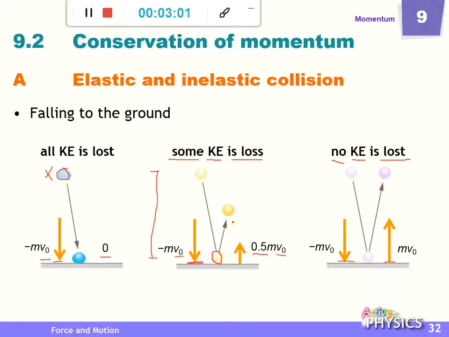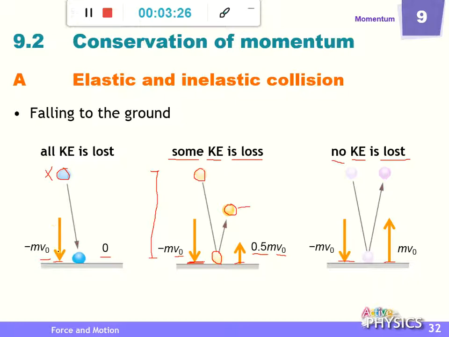But after it, this object will rebound to a certain height, but this height is not the same as the initial one. It means that this potential energy will be less than before. So after the collision, the kinetic energy is not as large as before the collision. So in this case, we say that kinetic energy is lost.